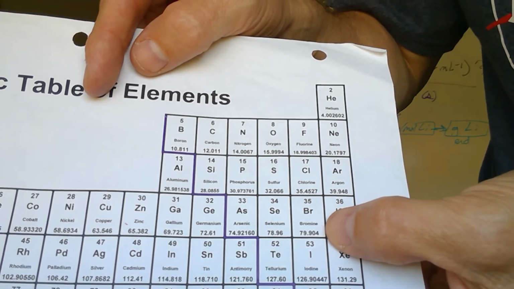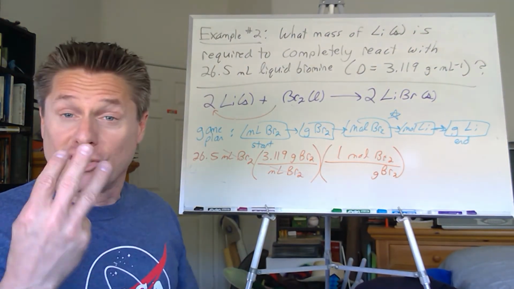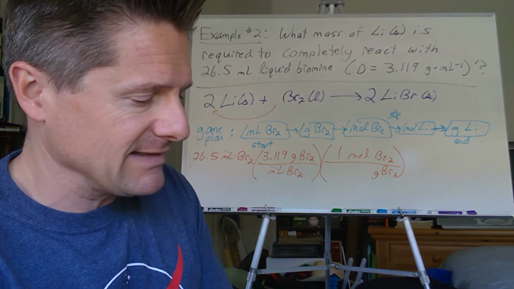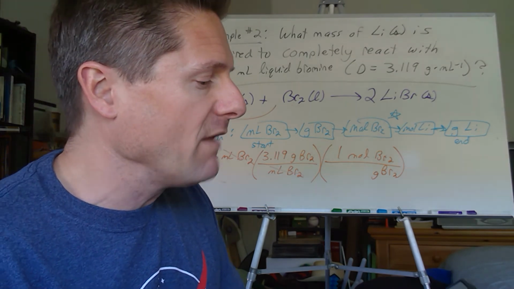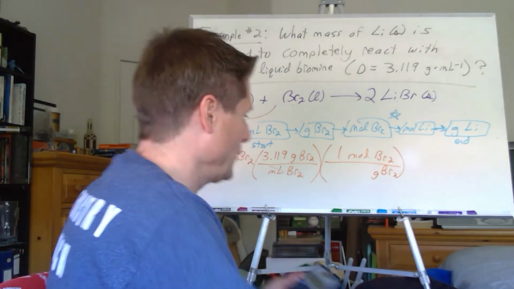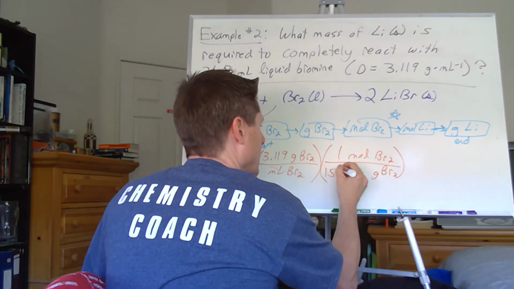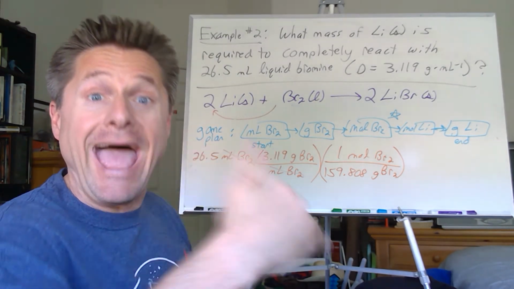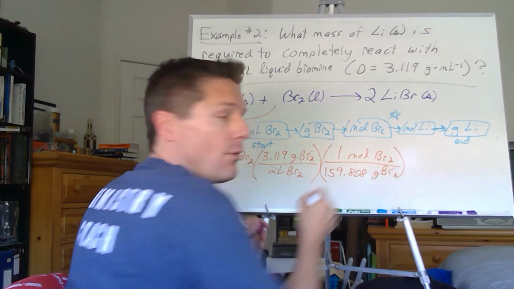So I'm going to take 79.904 plus 79.904, or times 2. It's good to 3 decimal places. So that gives me 159.808. Good to 3 decimal places because you're adding 2 bromines together. That allows me to cancel grams of bromine.